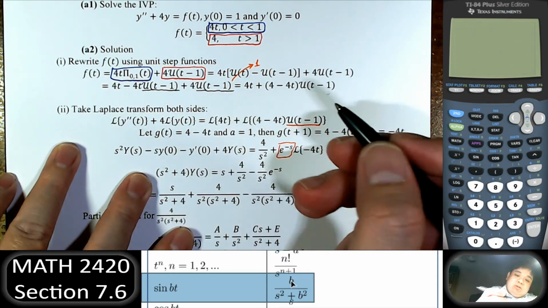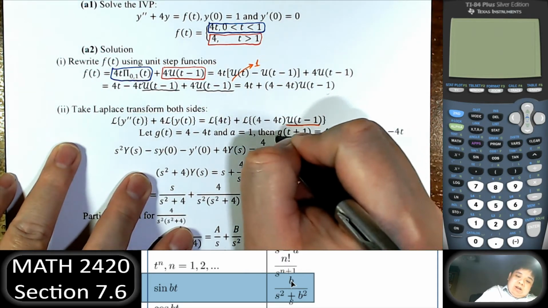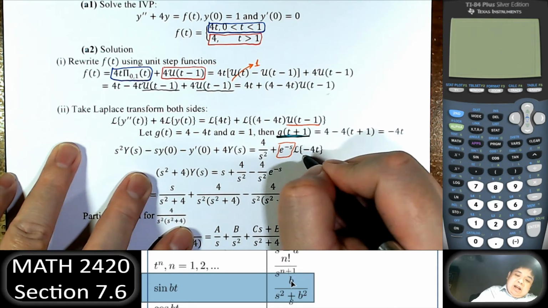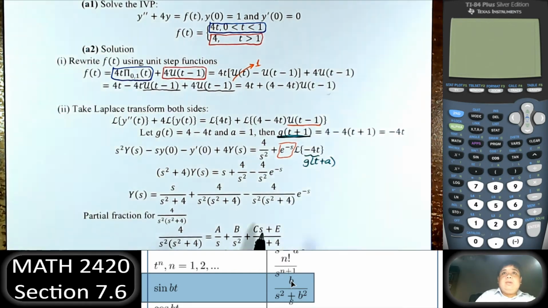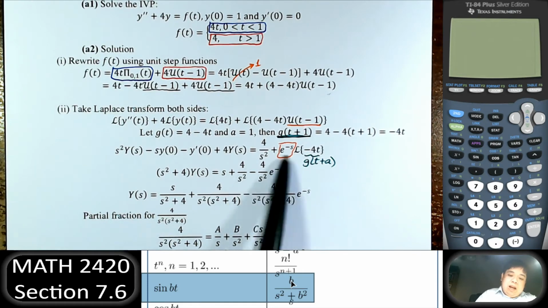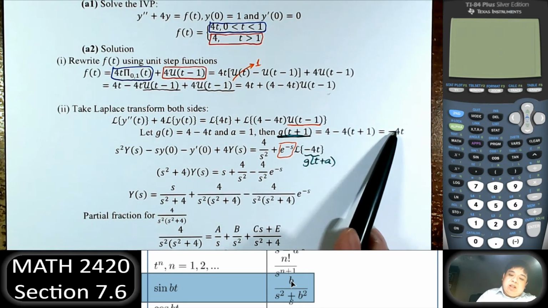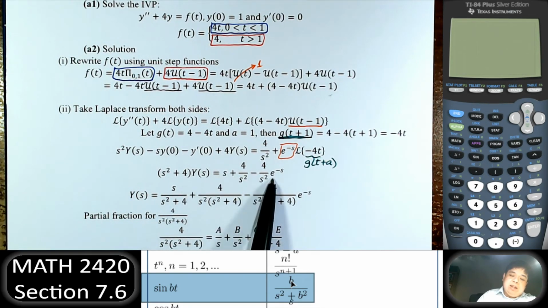But then we have to find g of t plus 1, g of t plus a. And then the Laplace transform of t plus a, which is negative 4t, turns out to be this function.